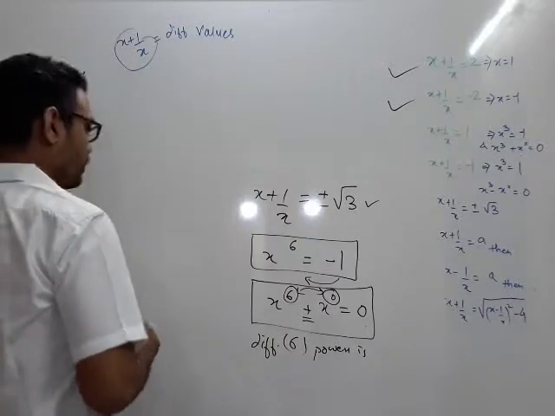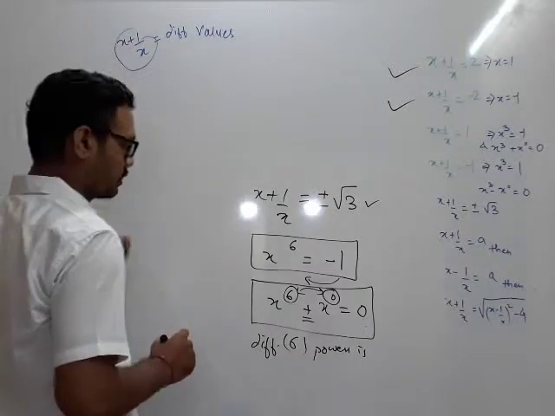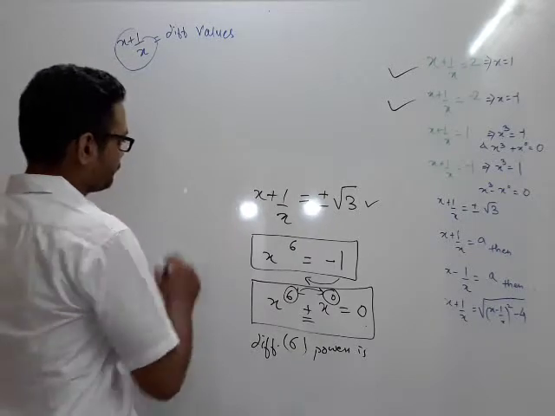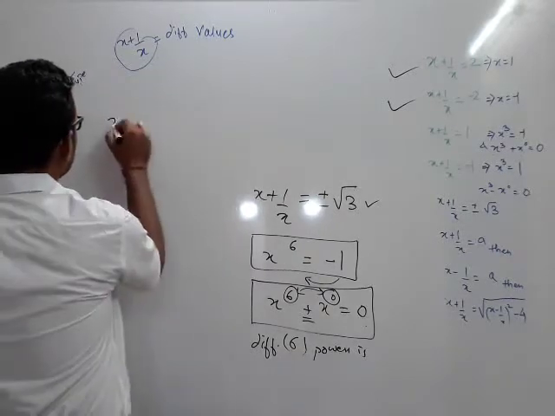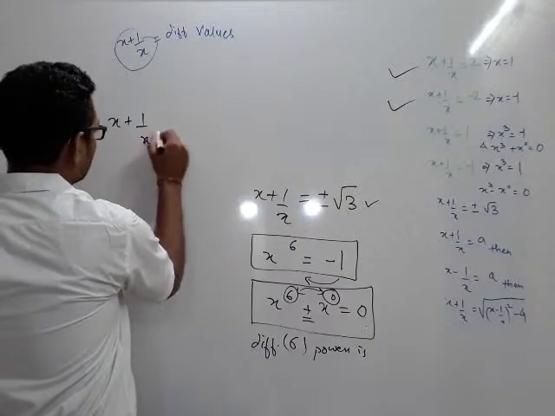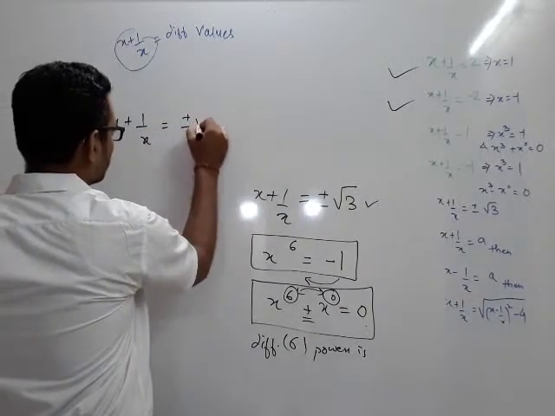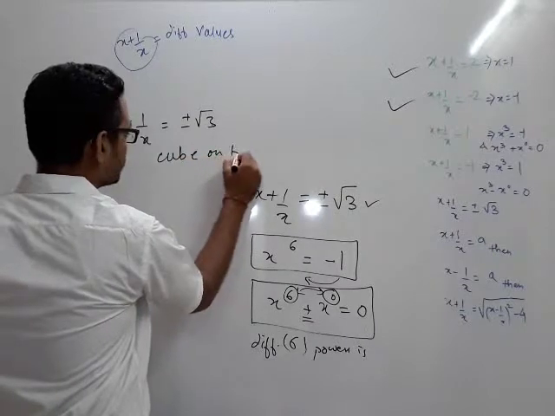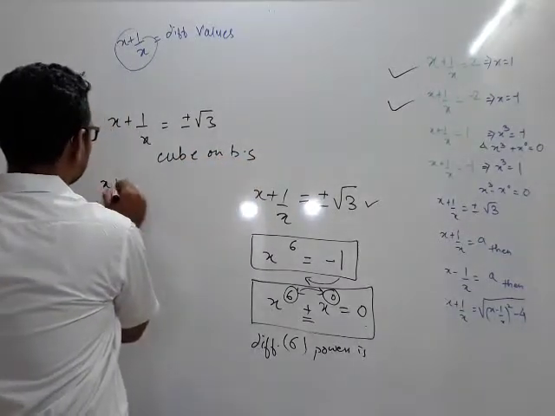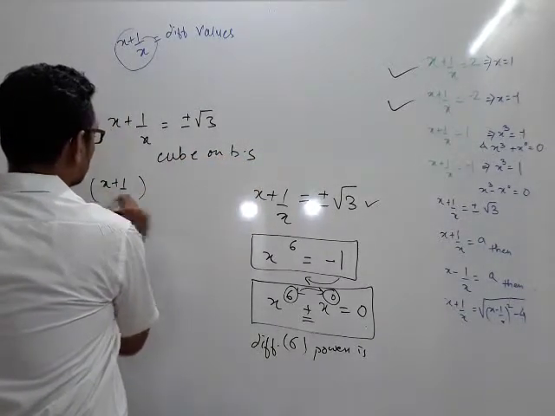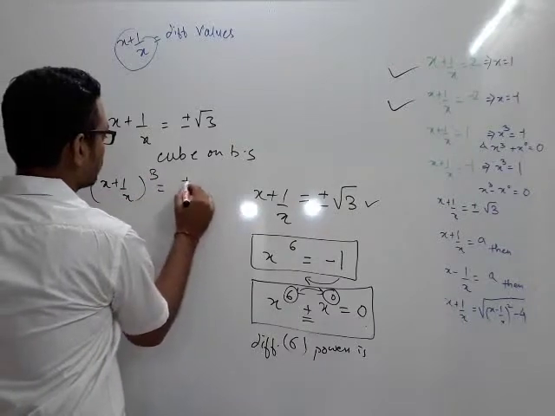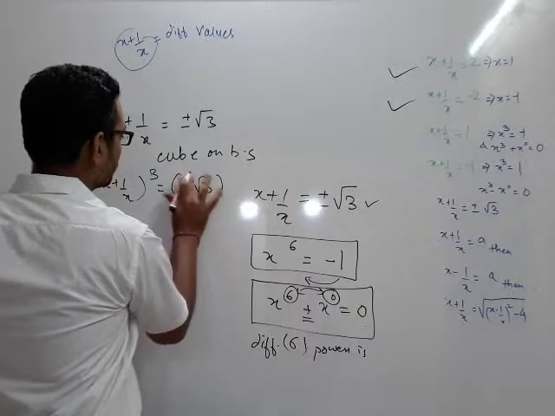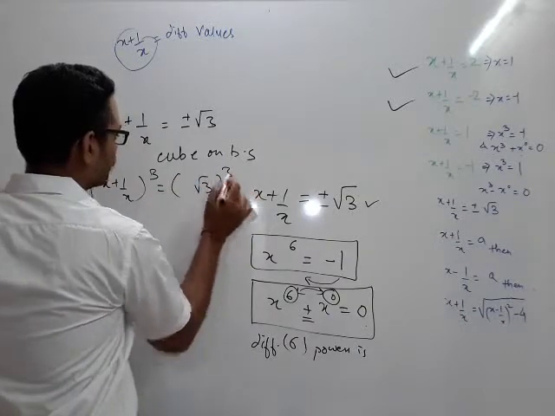When we say x plus 1 by x is equal to plus or minus root 3, cube on both sides. We get x plus 1 by x, the whole cube, is plus or minus root 3 the whole cube. Let's first take root 3 cube.